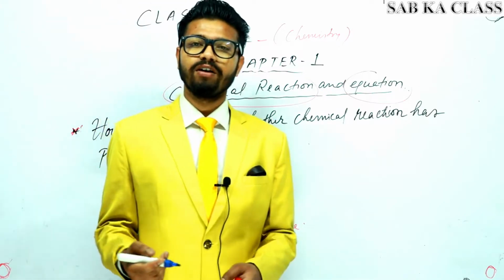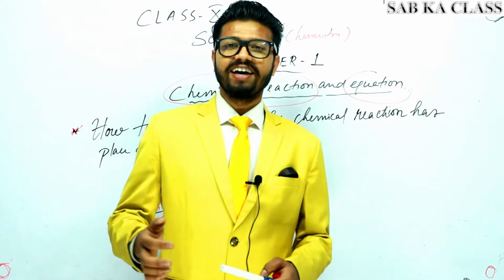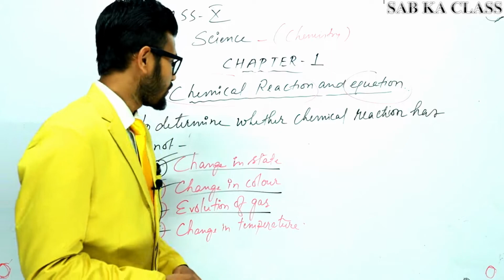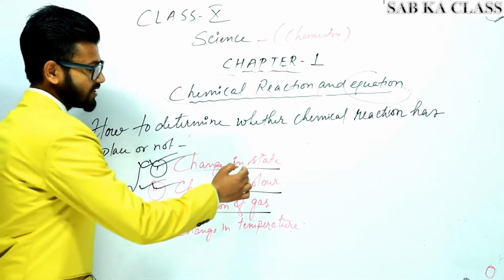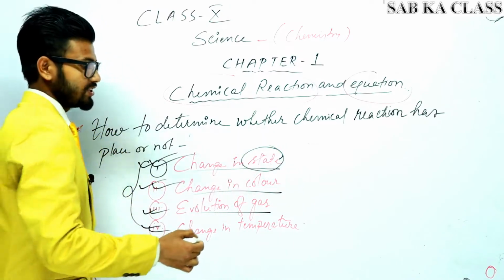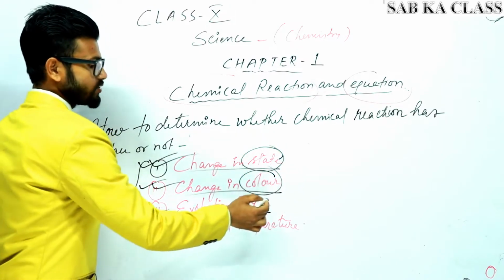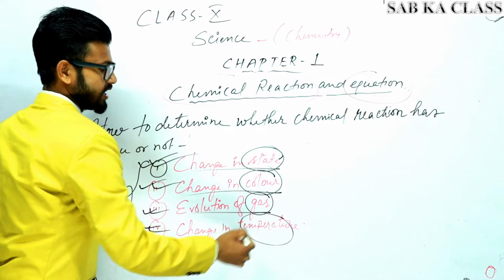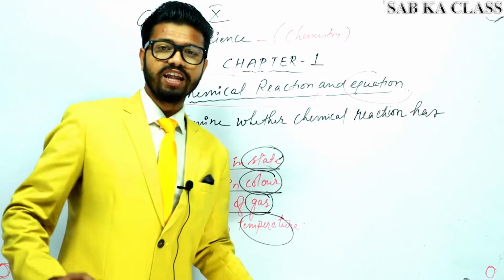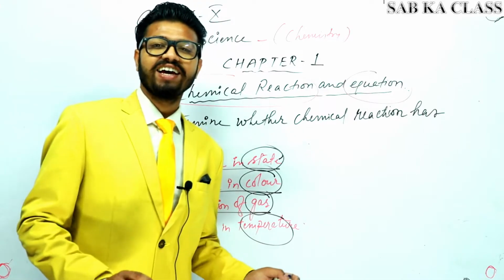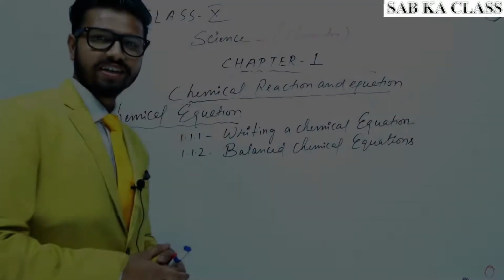That is a perfect example of a chemical reaction. So try to remember: change in state, change in color, evolution of gas, or change in temperature. If you can see any of these four things, then we can be sure that a chemical change is taking place in that substance.